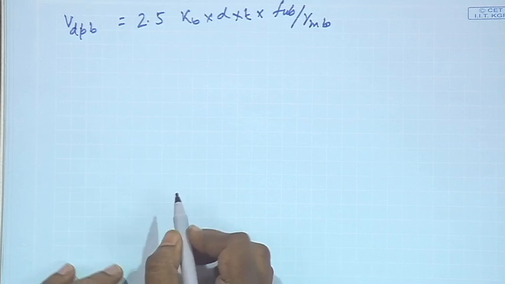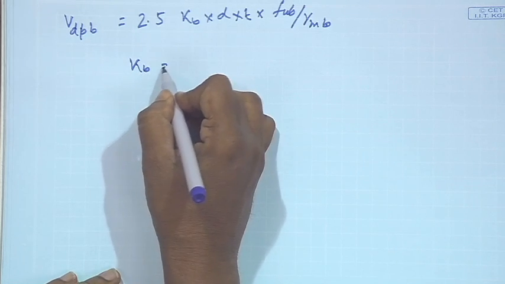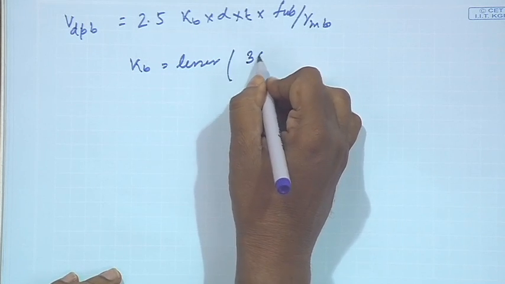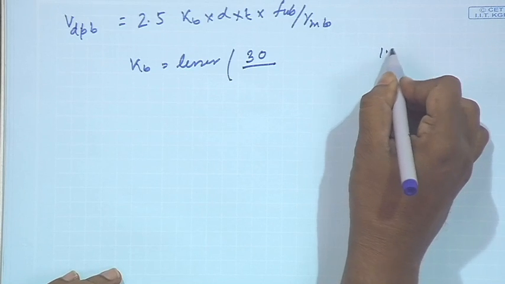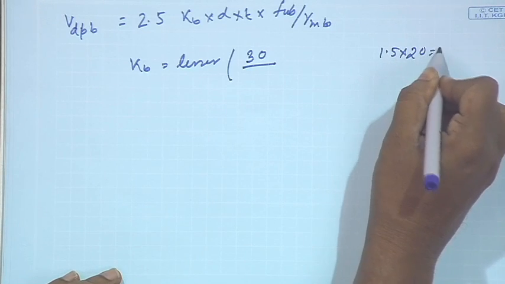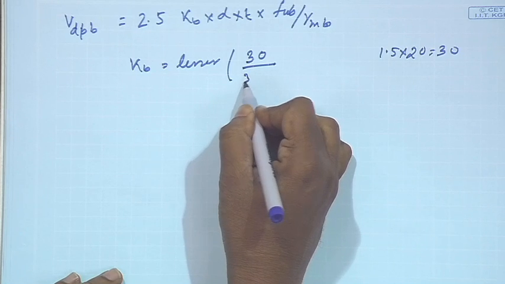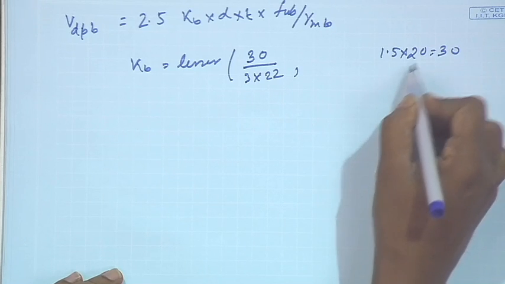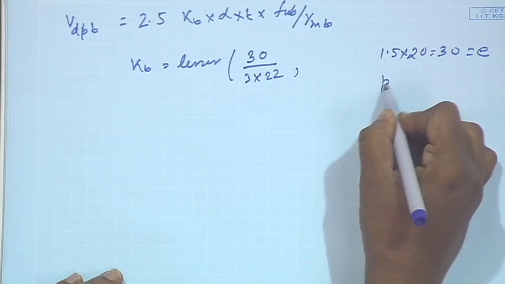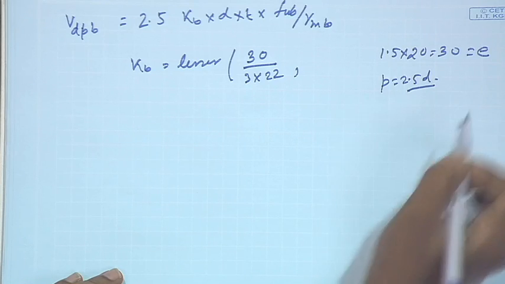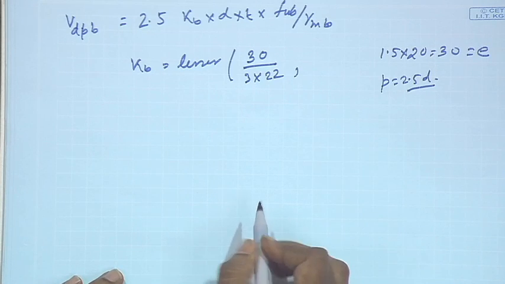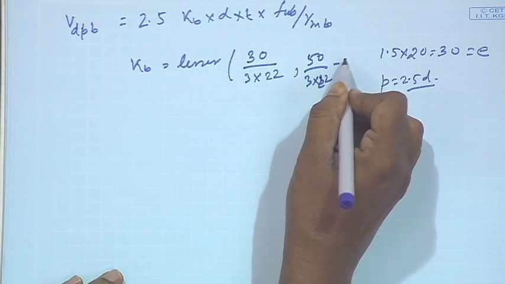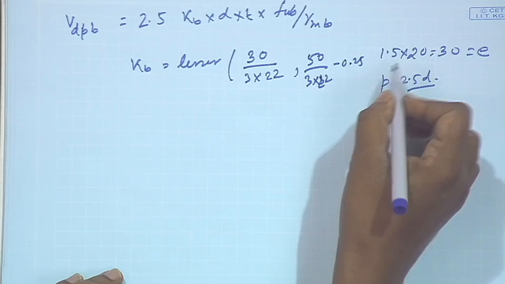Now, we have to find out the kb value. Kb will be, we know, lesser of E by 3d0. E we can consider 1.5 into D, so 30. So, E by 3d0, d0 is 22, and P by 3d0 minus 0.25, P we can consider 2.5 D, that means 2.5 into 20, right. So, it will be 50. So, 50 by 3 into 22 minus 0.25, like this.